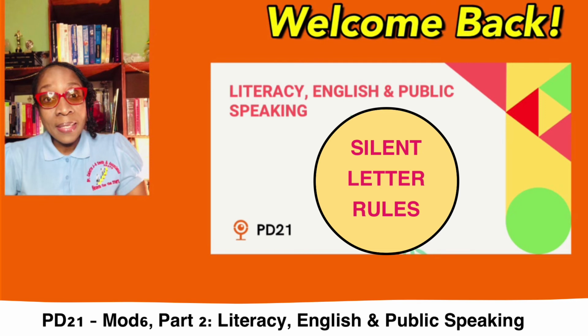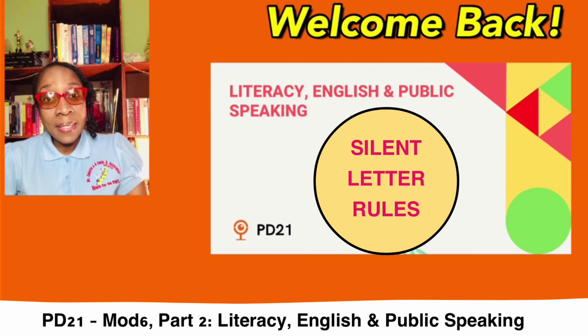C sound. Other silent H words include ache, A-C-H-E, cord, C-H-O-R-D, echo, E-C-H-O, choir, C-H-O-I-R, chlorine, C-H-L-O-R-I-N-E. Silent I words are business and parliament.